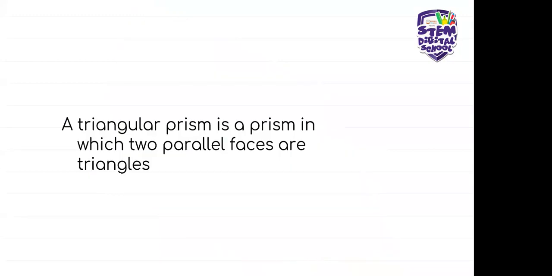Remember that in the definition, I said that a triangular prism is a prism in which 2 parallel faces are triangles. So the 2 triangles that you see in that prism are parallel.